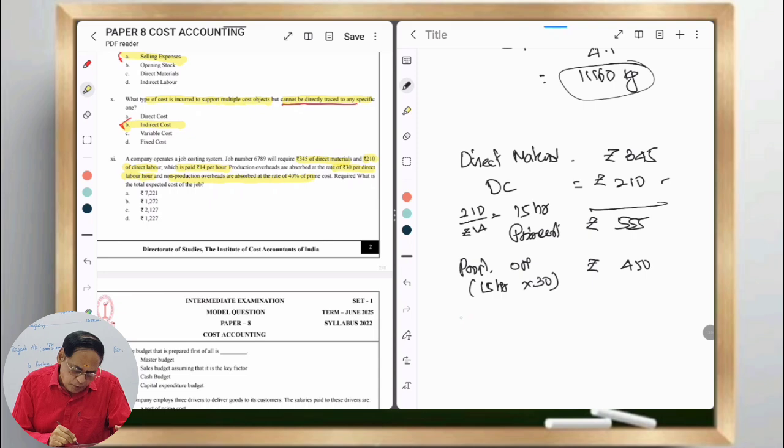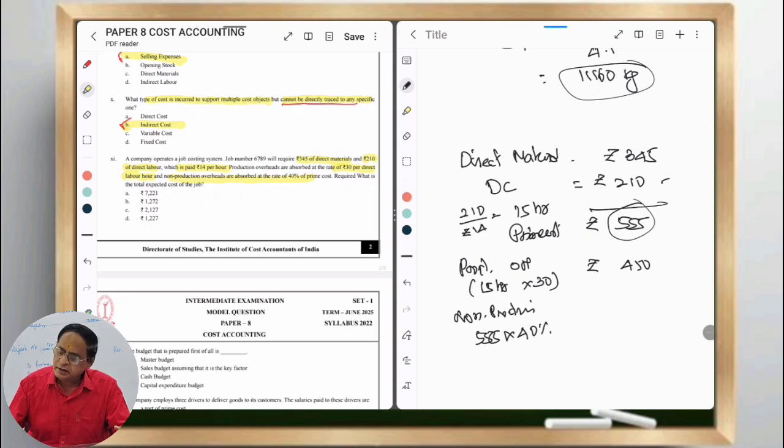And then non-production overheads: 40% of the prime cost. The prime cost is 555, and 40% of that belongs to non-production. So 555 into 40% is 222 rupees for non-production.